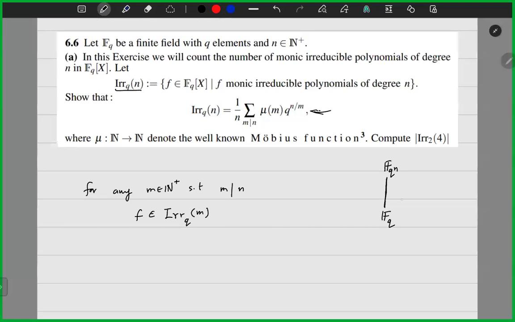For any divisor m, we have here an intermediary subfield FQM.